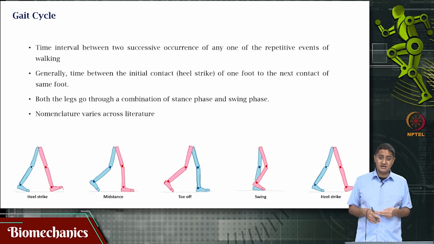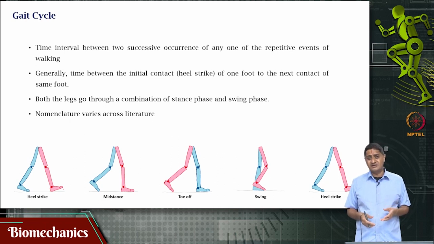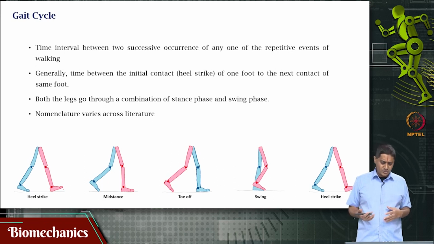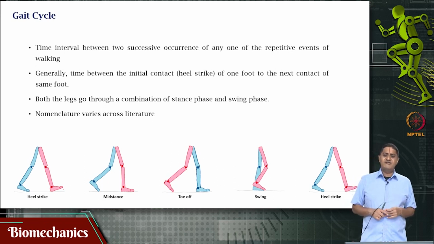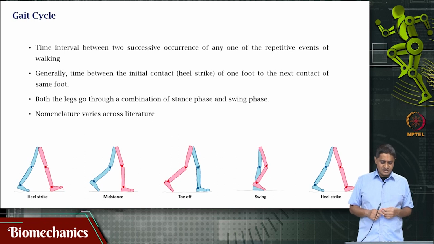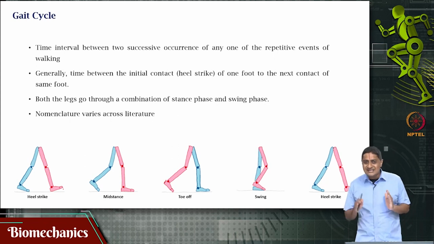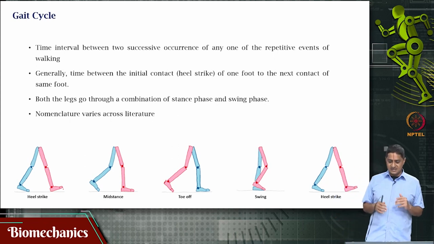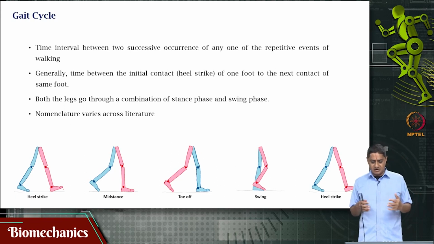That means that I could take any of these important or salient events and wait for that salient event to happen again, because it is a cycle. I can analyze it whichever way I want, but for consistency, generally the time between the first heel strike and the next heel strike is considered as one cycle of gait.